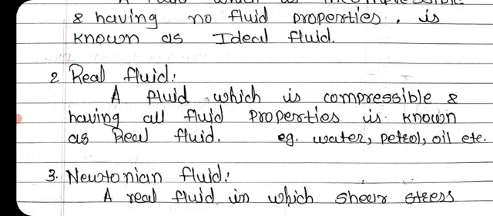Real fluid means all fluids, even all gases, because as we said earlier, liquid and gas together have the common name fluid. So all the gases, water, petrol, oil, diesel, all are liquid or gas substances in nature, placed under the category of real fluid.